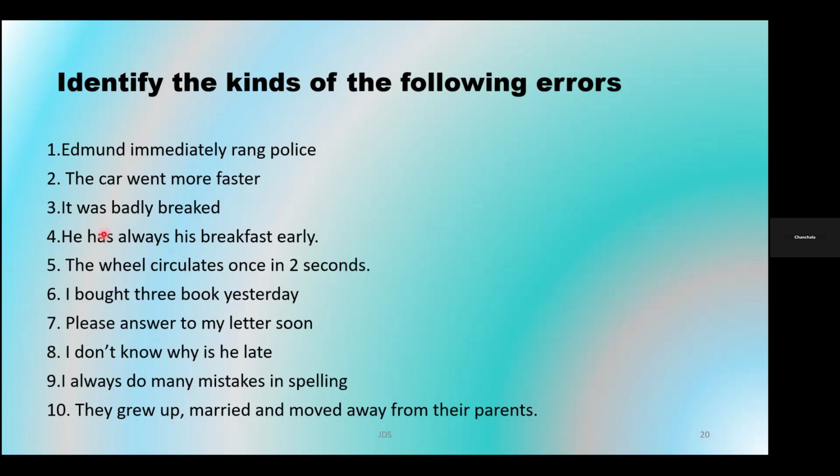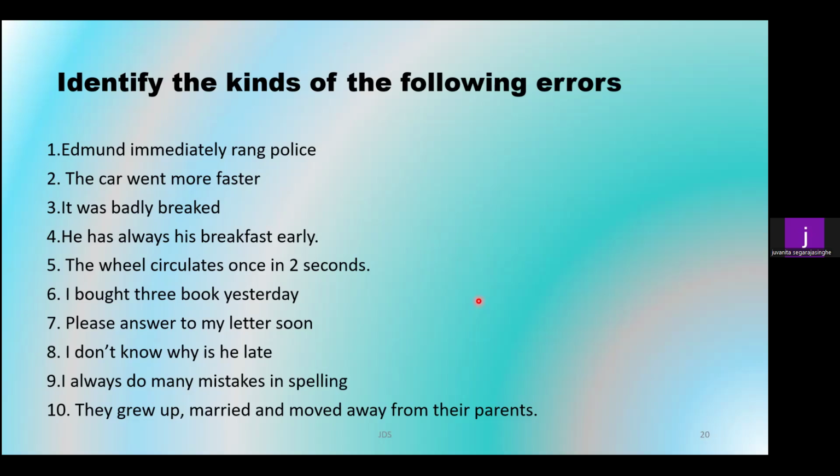He always has his breakfast early. Right? So the order, or else you can even bring, he has his breakfast early always. That is also possible. So the order is only wrong. Has is okay, the verb is correct. The order is wrong. He always has his breakfast early, or he has his breakfast early always. Both are possible.